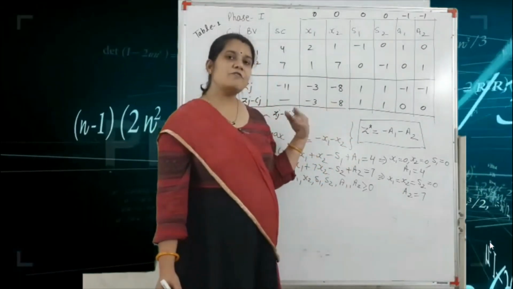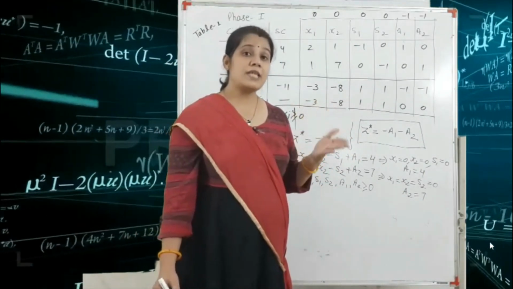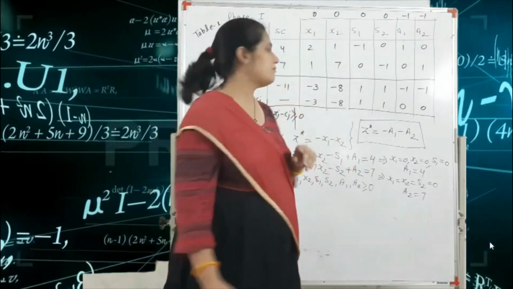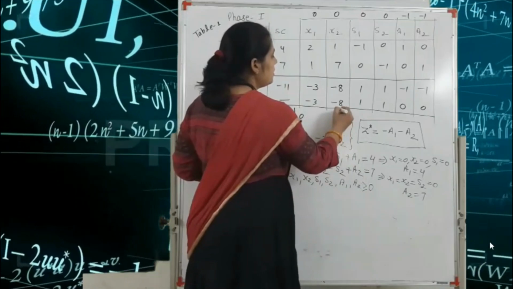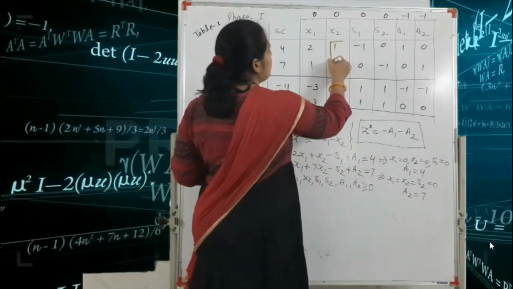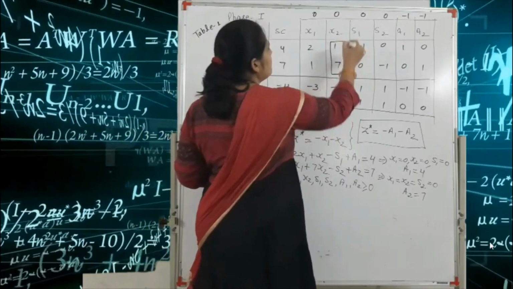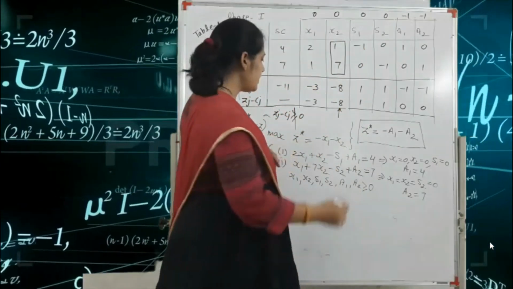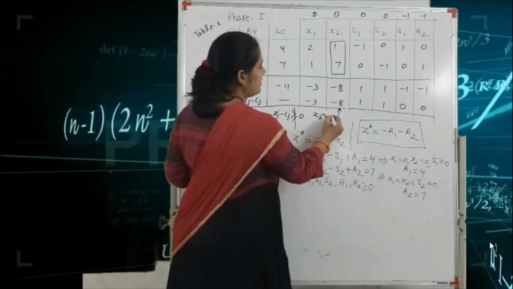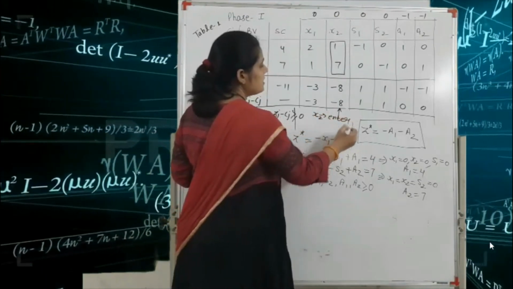The largest value with a negative sign is minus 8, so your entering variable is x2. Here we write x2 enter.